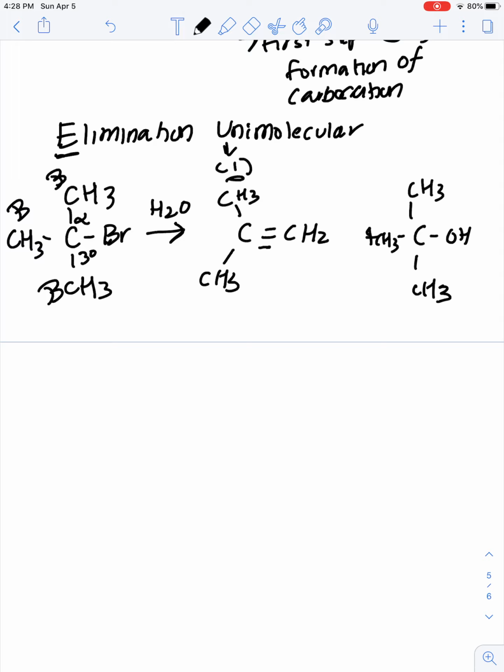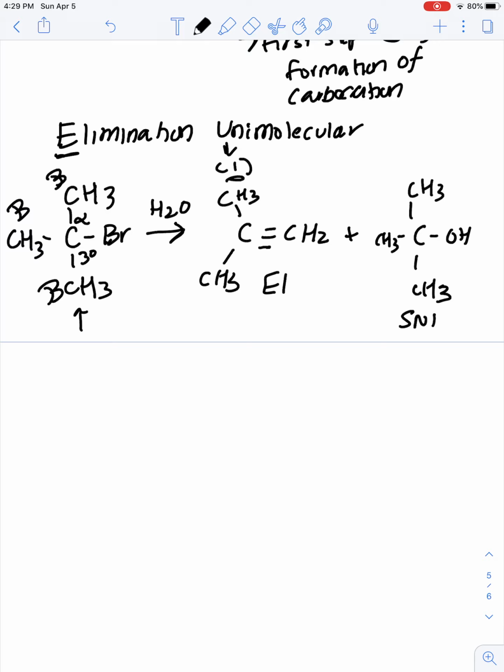So when we look at this reaction, we have this substrate, and the reaction is done in water. We have this product here for our E1 product, and this product here as our SN1 product. Let's look at the mechanism for these reactions.